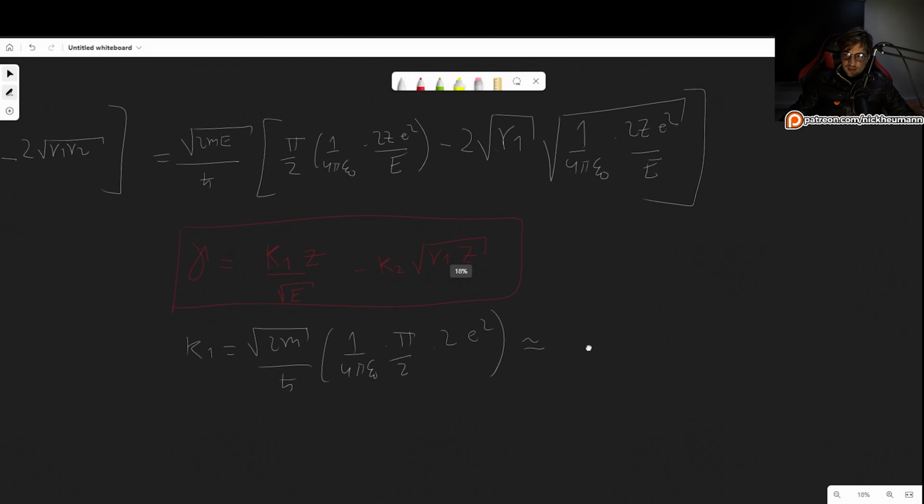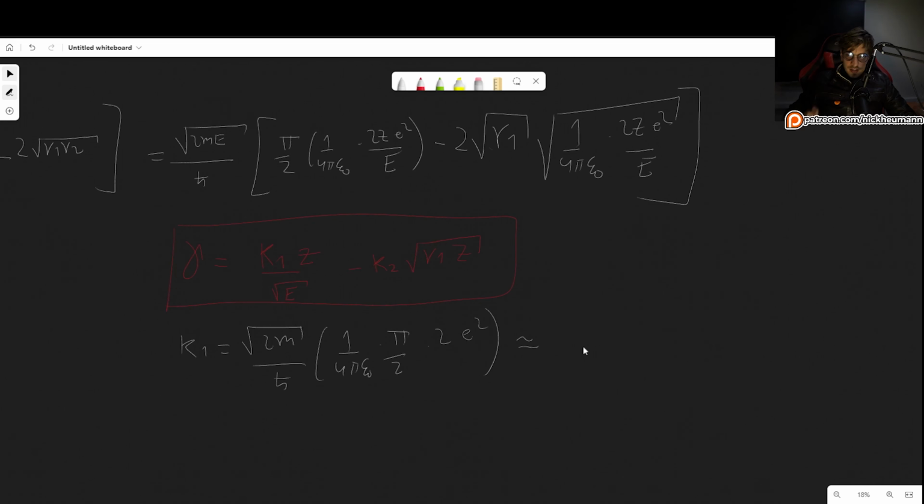Let me double check. It's e squared over 4 pi epsilon 0. Yeah, we can of course simplify this 2 and this 2. This has a value of about 1.980 mega electron volts to the 1/2, right? Because the energy has to cancel out with the square root there.